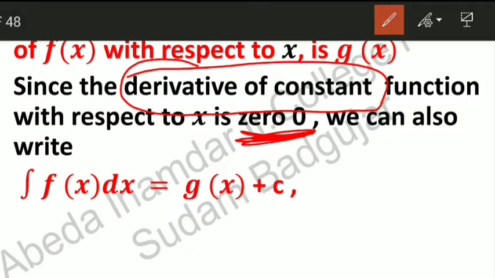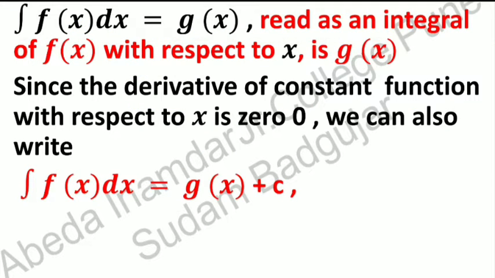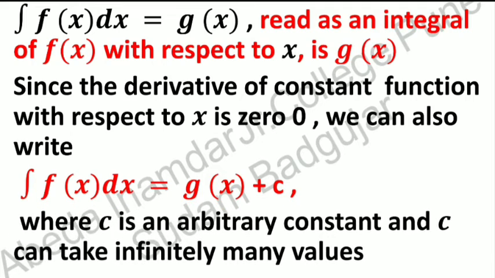While taking the derivative of the RHS, in u plus v form, the derivative of g of x is f of x plus the derivative of c is 0. So integration is a very simple process. You have to verify that by taking the derivative of the RHS, you get the given function. Here the derivative of a constant is 0, so we have to write plus c in the final answer, where c is an arbitrary constant and c can take infinitely many values.